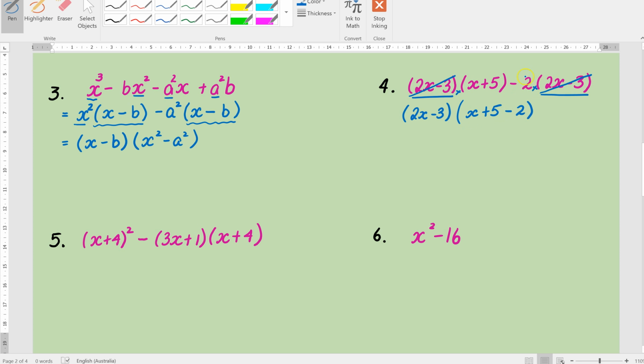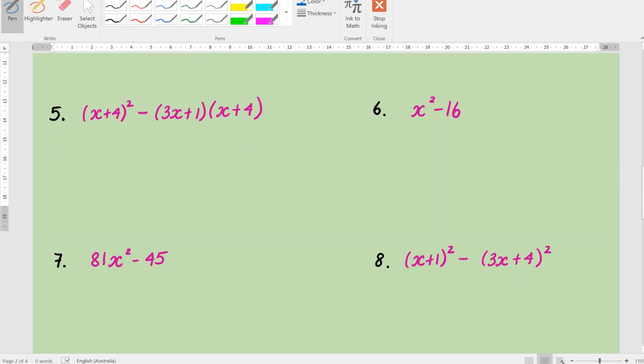If this had another factor like 2x plus 1, I would put that in a bracket because of that minus sign there. We'll look at one of those in a minute. So we've got 2x take 3, and then all we have to do now is tidy up what's in the bracket here. 5 take 2 is 3, and that is fully factorized.